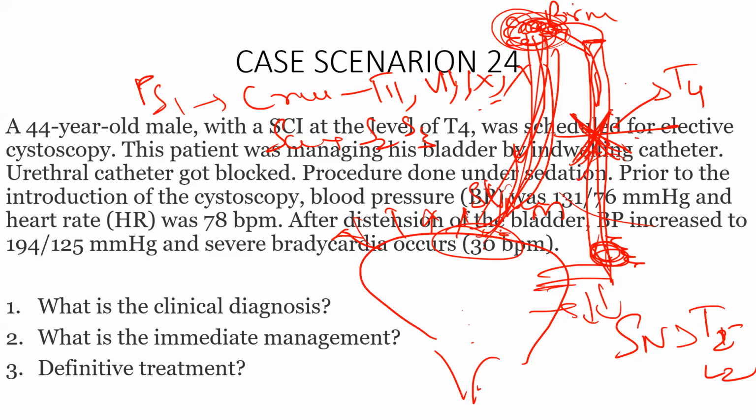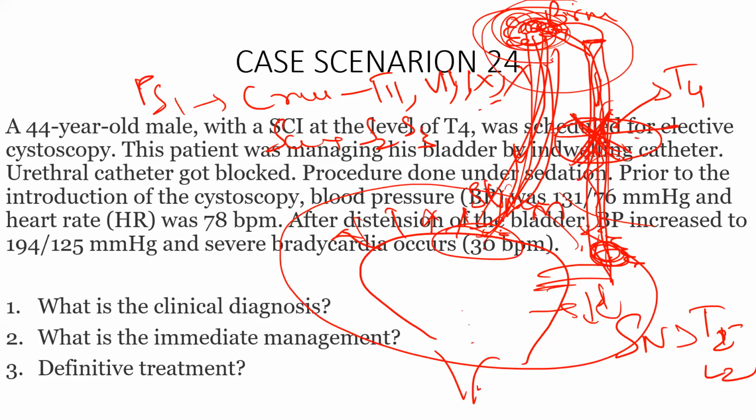But the problem is that the parasympathetic response doesn't reach down because the cord is completely affected here. So there will be uncontrolled sympathetic activation below the level of the cord. Whatever parasympathetic activation is done above the level of the cord will stimulate the part of the body that is not blocked. Unmute and tell me whether you have understood this point slowly. You want me to repeat again?